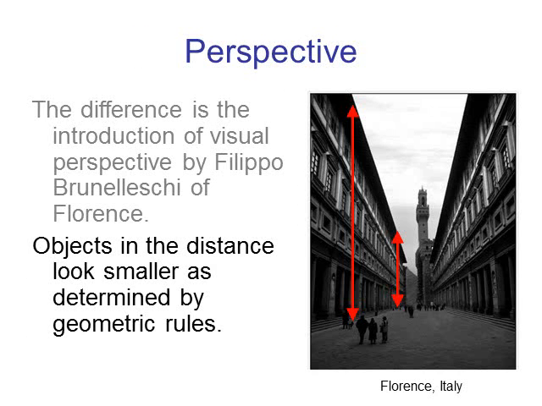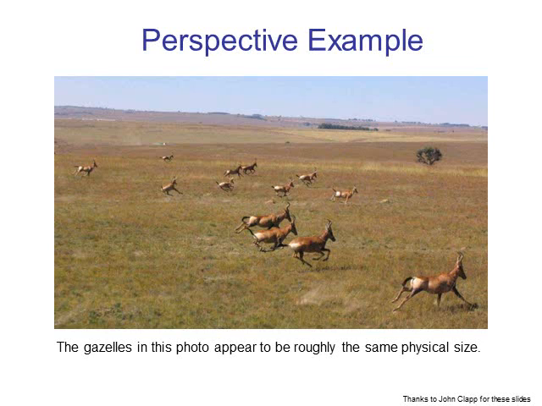All right, perspective, this just shows you the objects in the distance are smaller and follow geometric rules. And this goes directly to the horizon. That geometric rule will take you right to the horizon. All right, perspective examples. This is just a couple of slides that go in order, and it's kind of fun. You have a bunch of gazelles in the photo, appear to be about the same size, and they're just running.